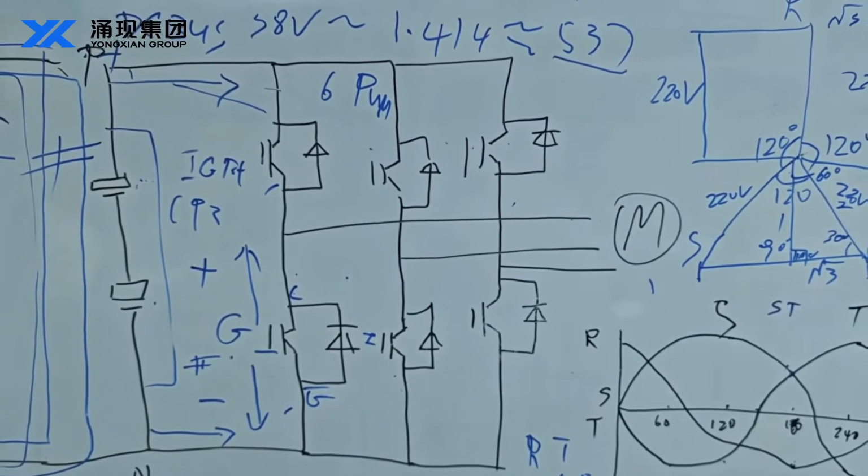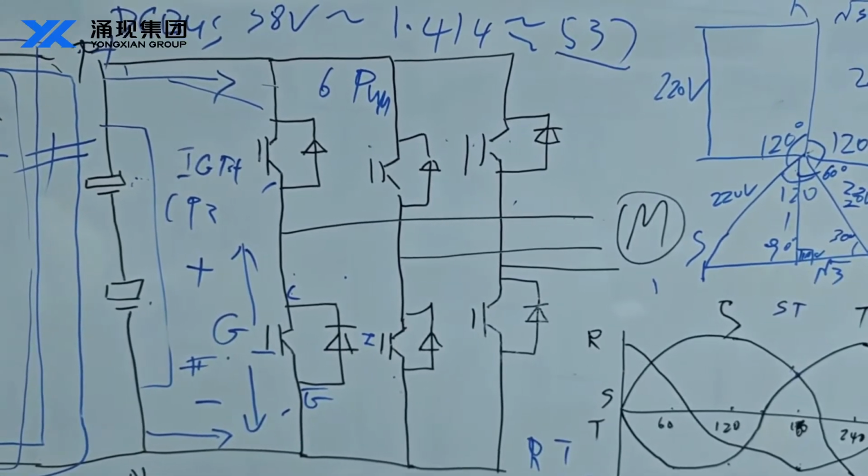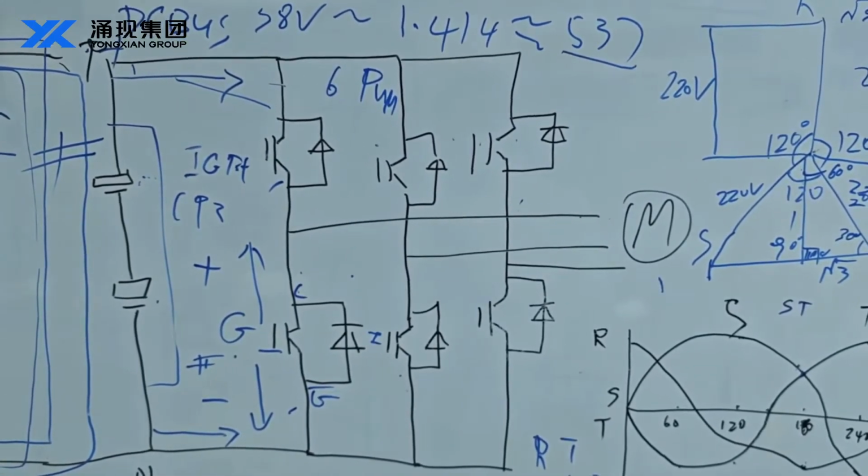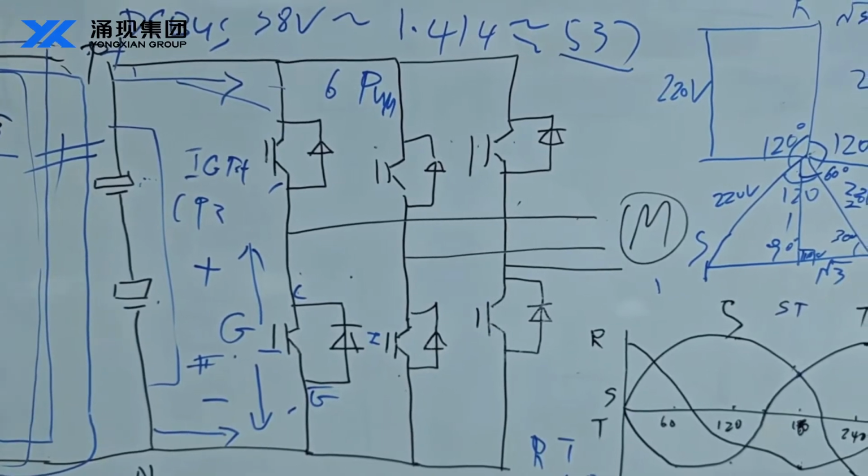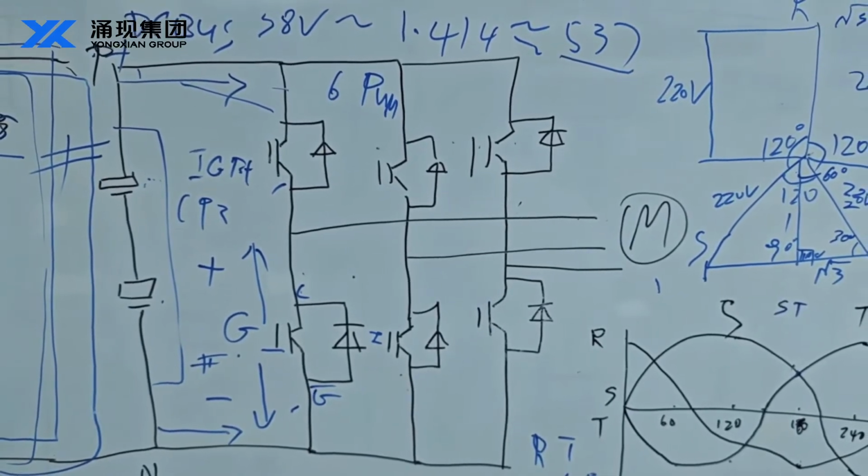The turn-on sequence of the IGBTs ensures the U, V, W three-phase voltages are 120 degrees apart.